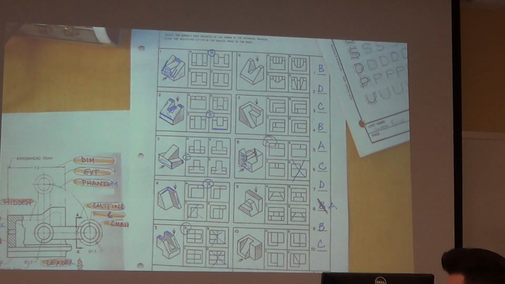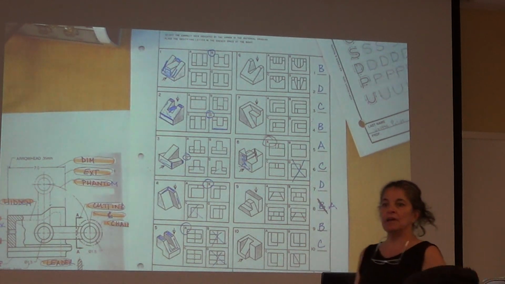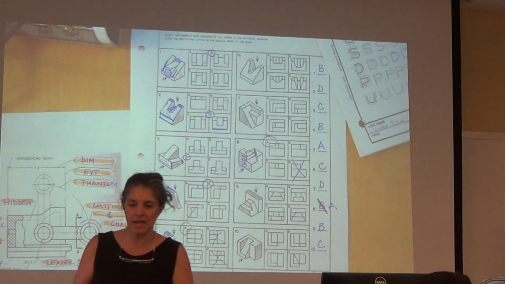Every correct answer is half a point. So if everybody got full credit, they'd get 10 and a half out of 10. That would be the high score.